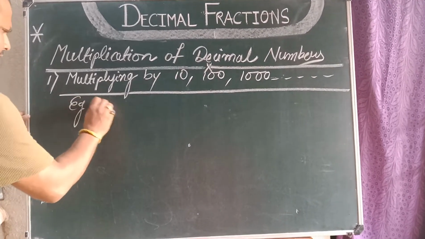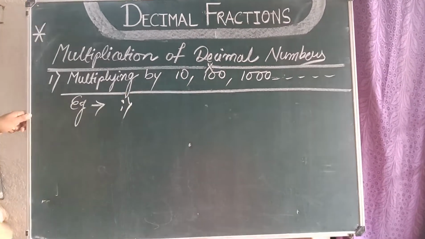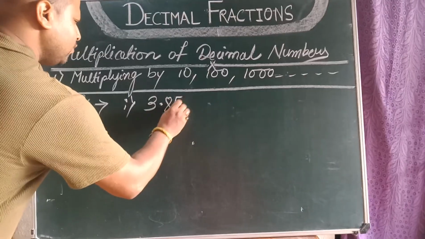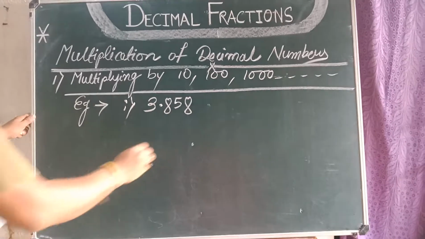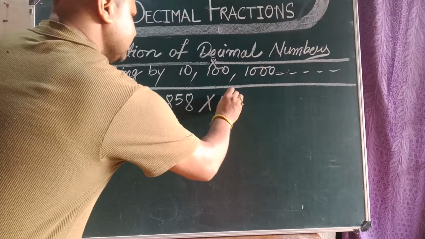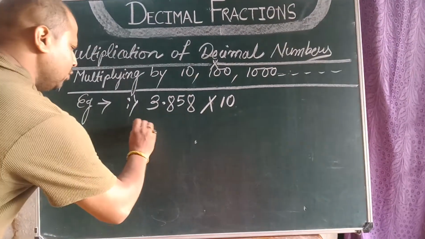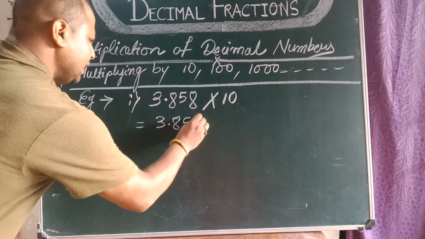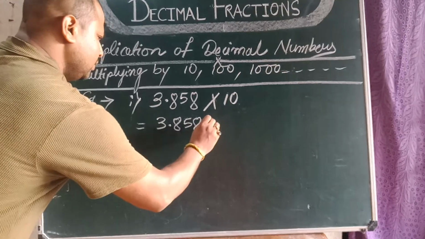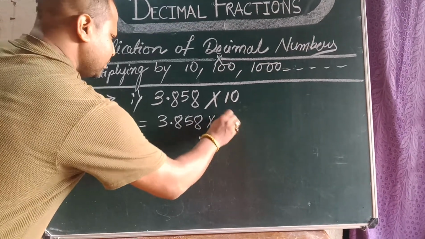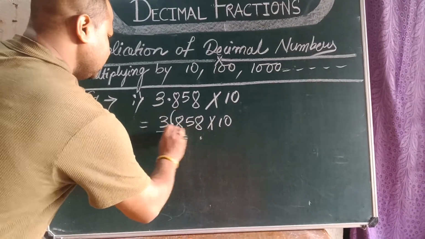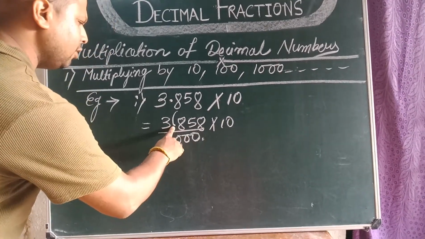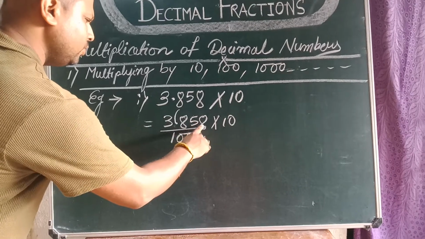Examples I am taking. For example, we have a decimal, suppose 3.858, and we have to multiply with 10. How to multiply? Two ways I am going to tell you. First of all, you can remove the point and there will be 3 zeros, because after the decimal how many digits are there? 1, 2, 3.